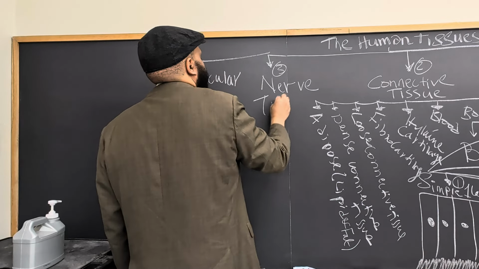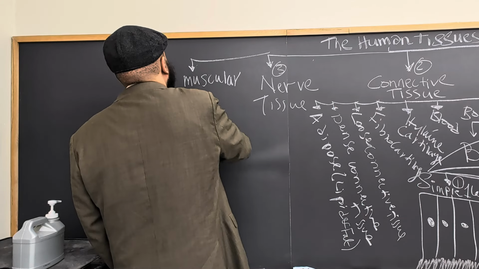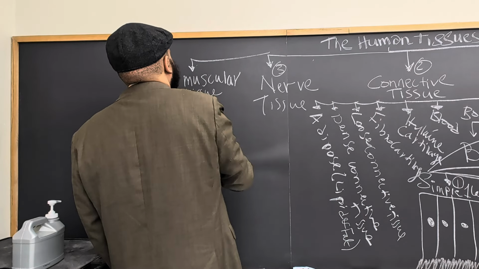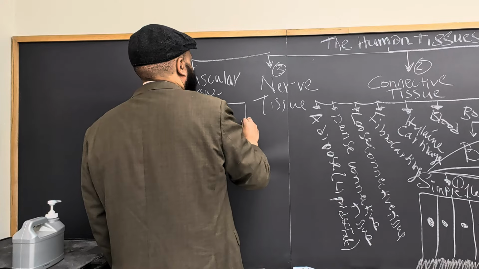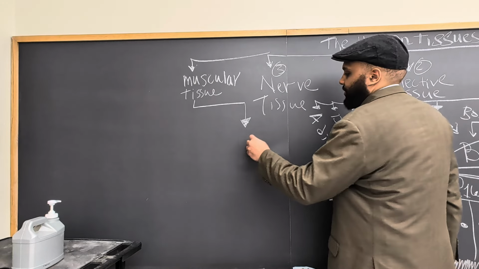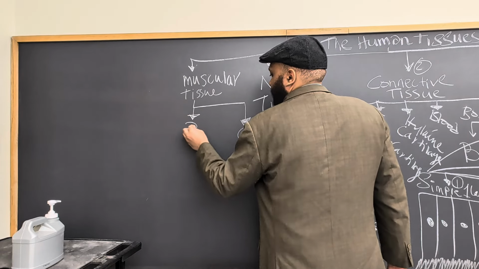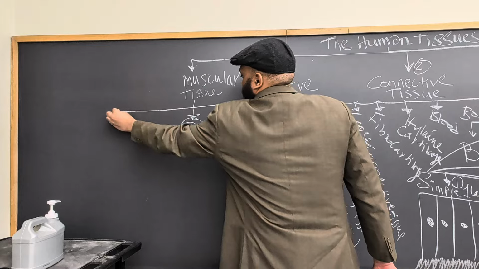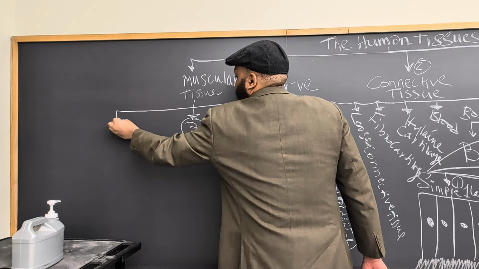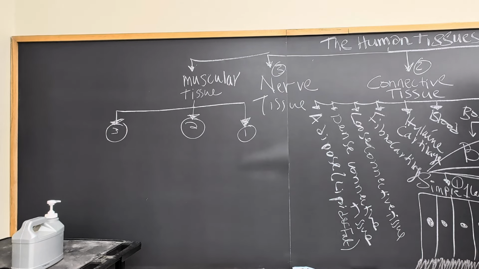So we have nerve tissue, and that is only one form, and there is muscular tissue, and muscular tissue exists in 3 forms. There are 3 forms of muscular tissue.